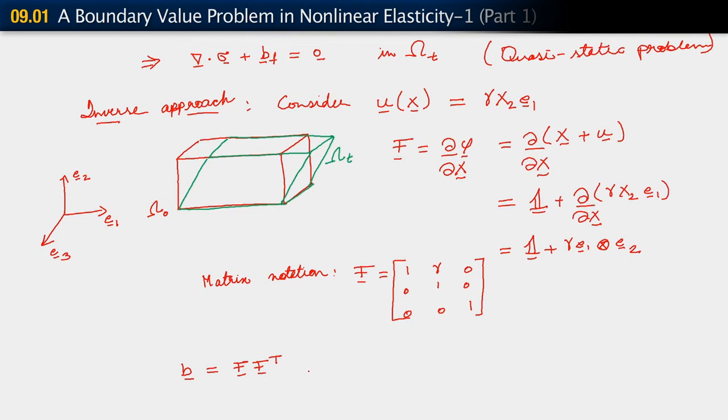B equals F F transpose. That's F. F transpose is just that transpose, so that gives us the isotropic tensor plus gamma. The transpose of E1 tensor E2 is E2 tensor E1.